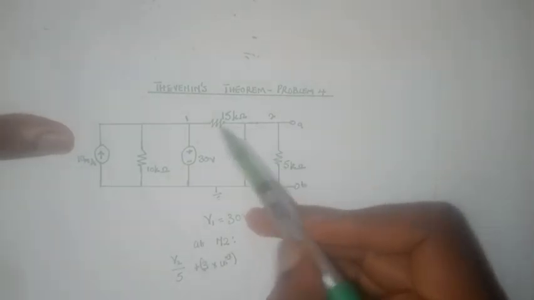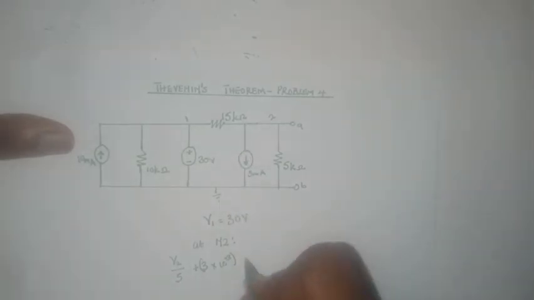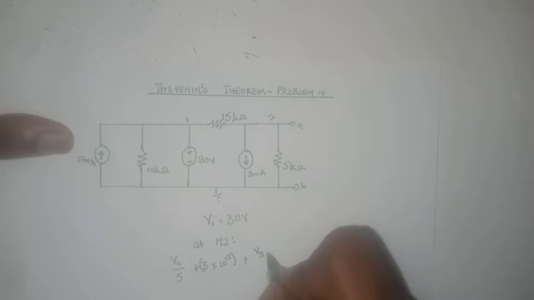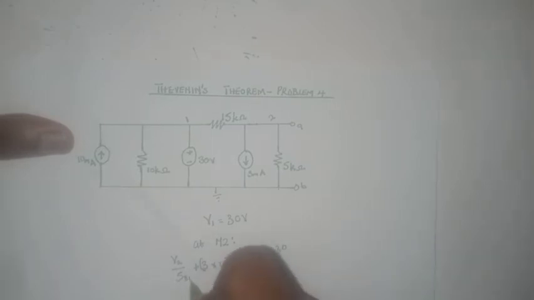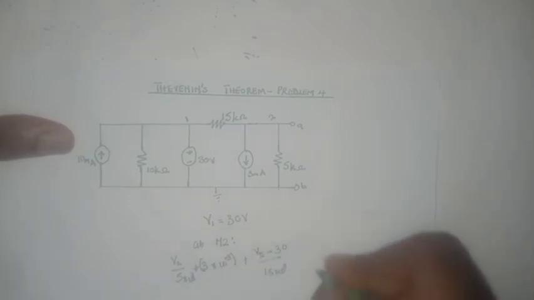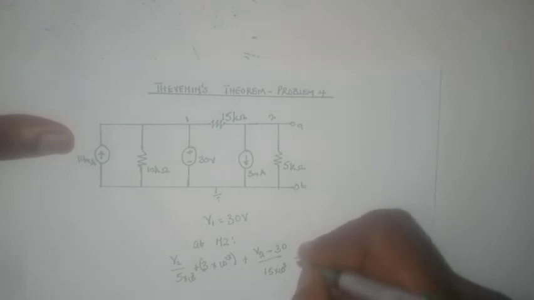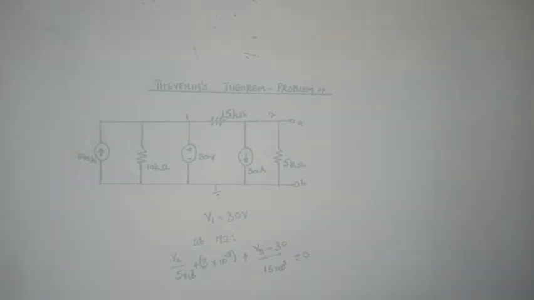Then we have this branch where we have V2 minus V1, which is in this case 30 volts, divided by 15 times 10 raised to the power 3. And then we equate everything to 0 as we are writing a KCL equation.